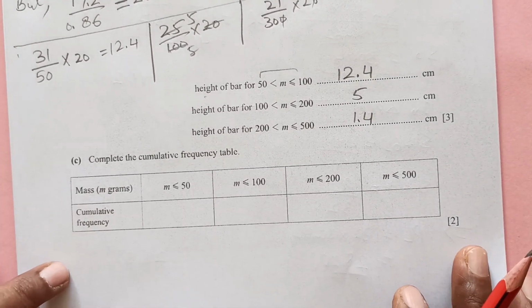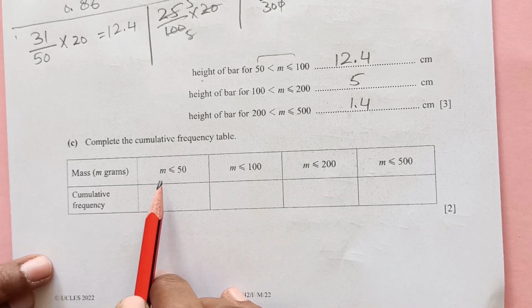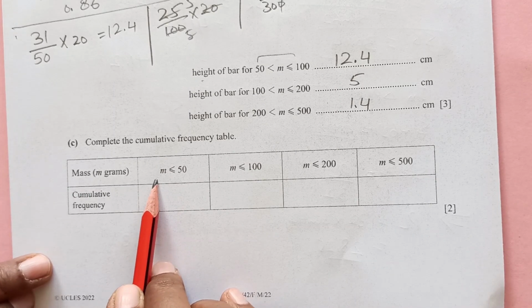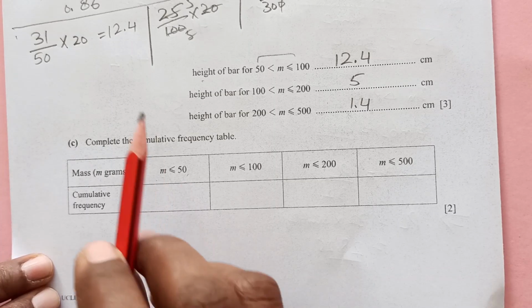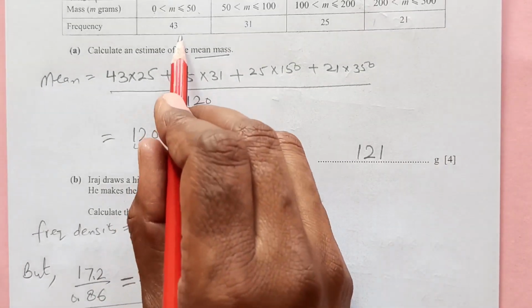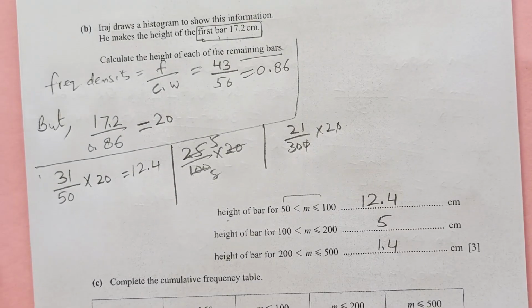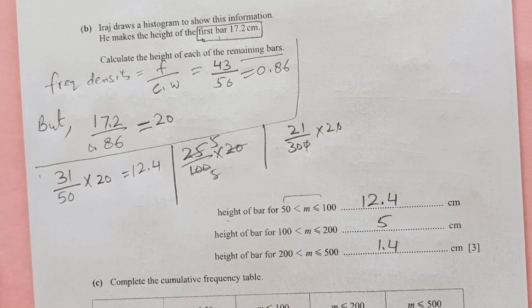Now part C, complete the cumulative frequency table we have here. For mass less than 50, we had 43, right? Less than 100, we do 43 plus 31, which comes out to be 74.